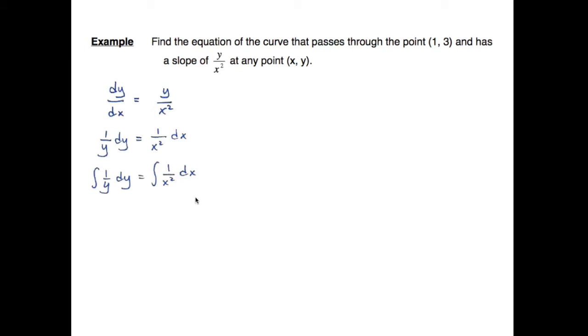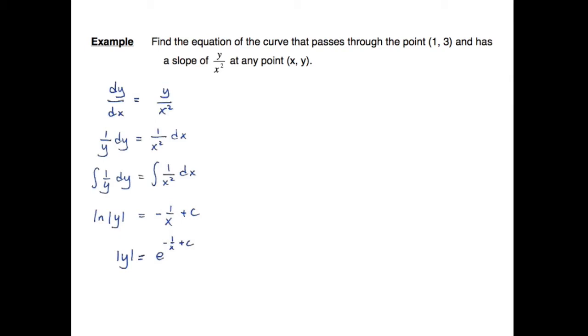So we set up our integrals, and ln of the absolute value of y equals negative 1 over x plus c. Therefore, the absolute value of y equals e to the negative 1 over x plus c.